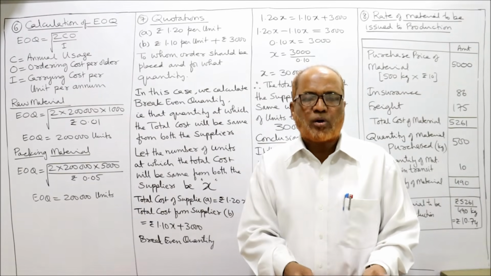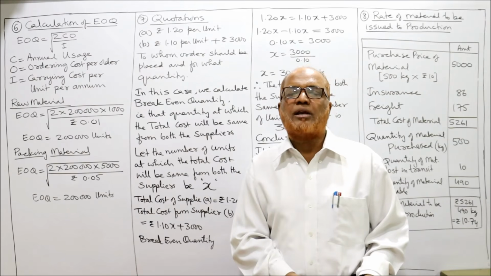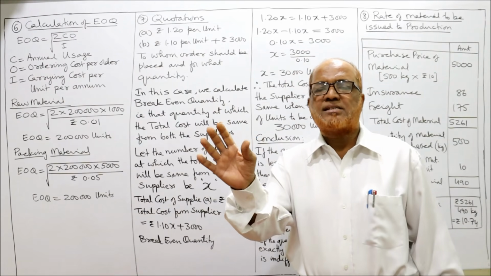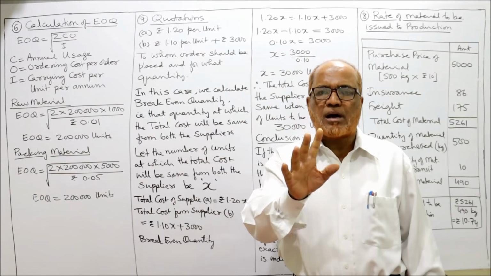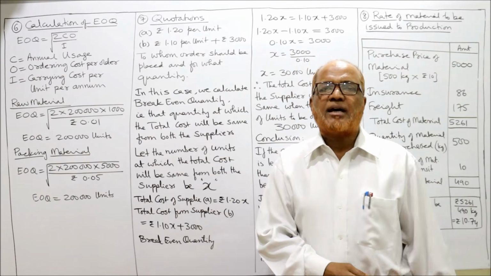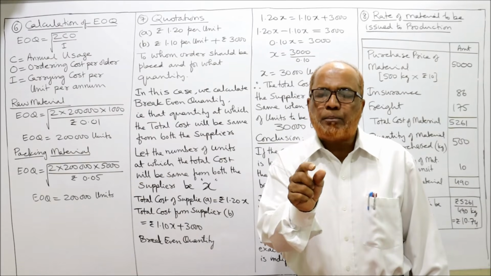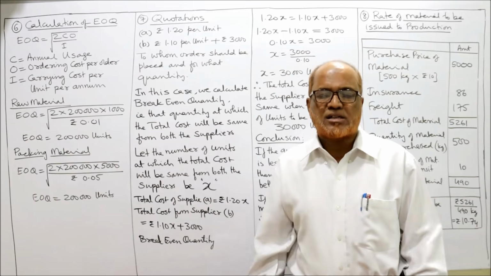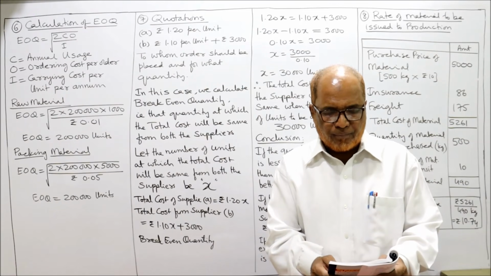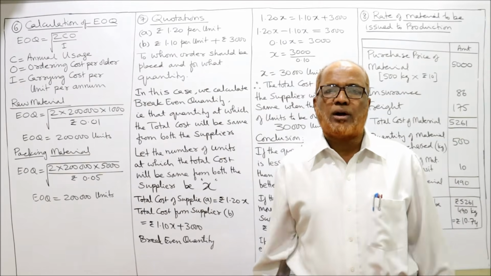A supplier has given the quotation rupee 1.20 per unit. That means A supplier says we agree to supply the material at 1 rupee 20 paisa per unit. And B supplier says 1 rupee 10 paisa per unit plus 3000 rupees fixed charges irrespective of units ordered.